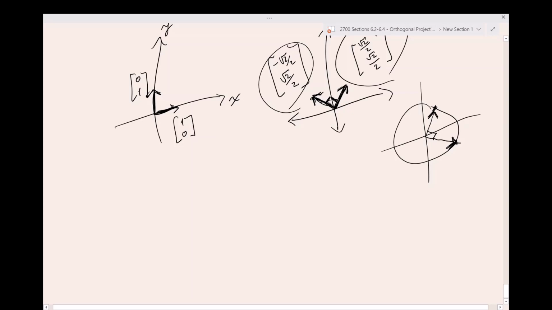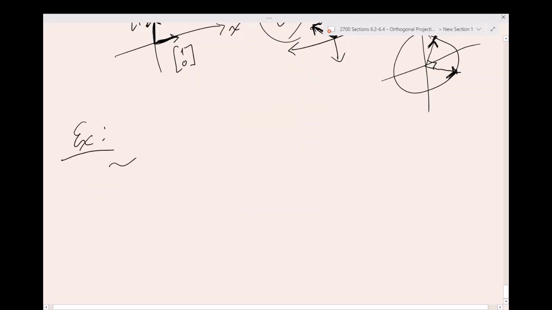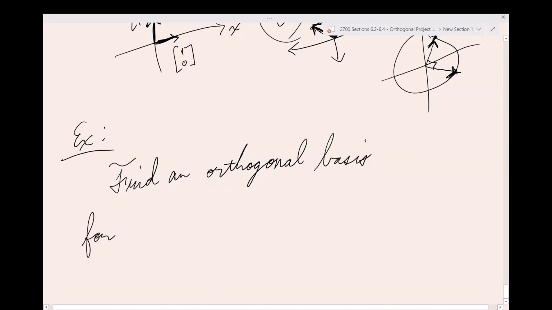One more thing, I want to do an example, and then we'll call it quits. So let's say example. So in the textbook, one of the examples asks us to find an orthogonal basis for the column space of a matrix.